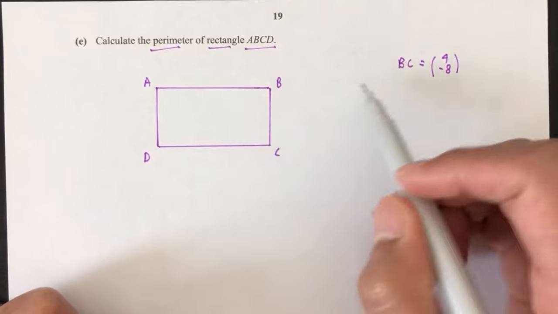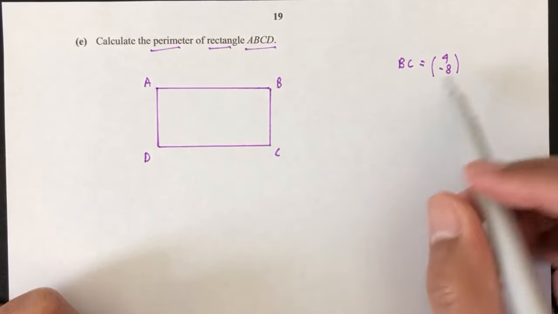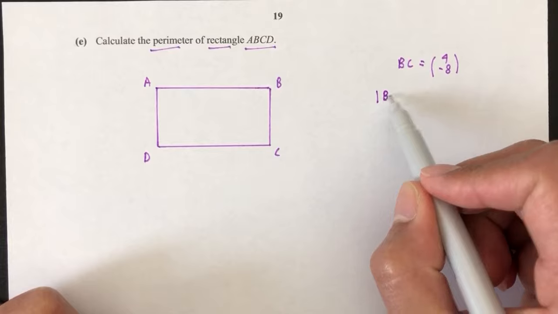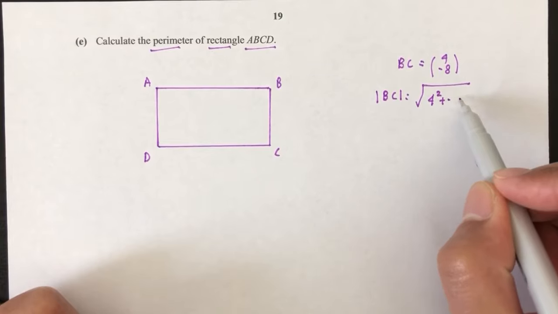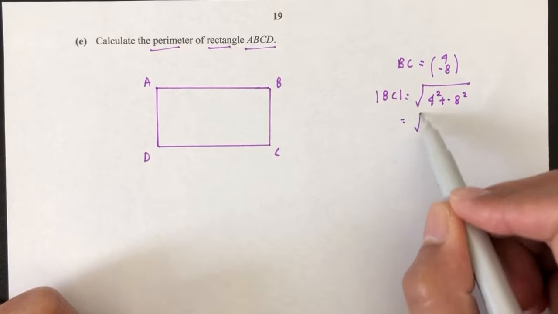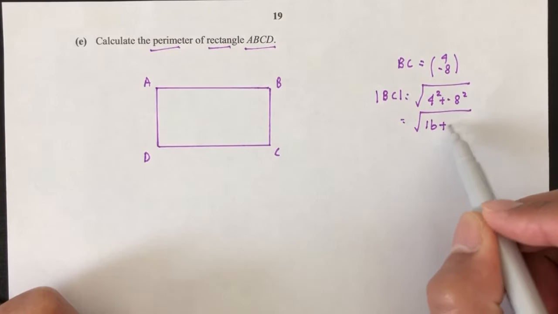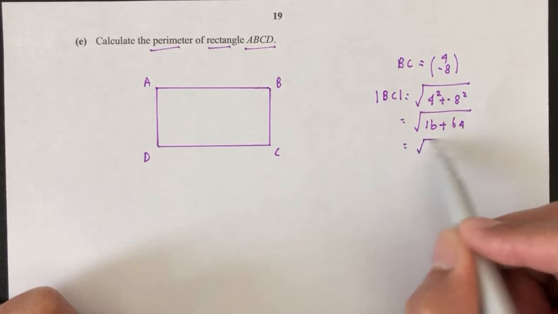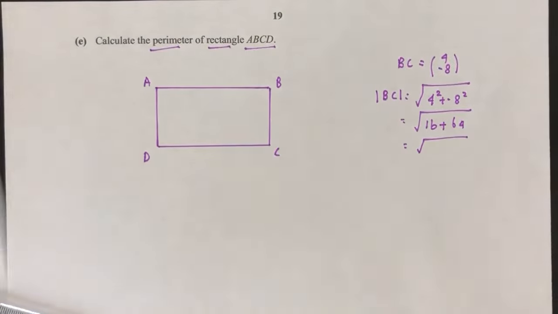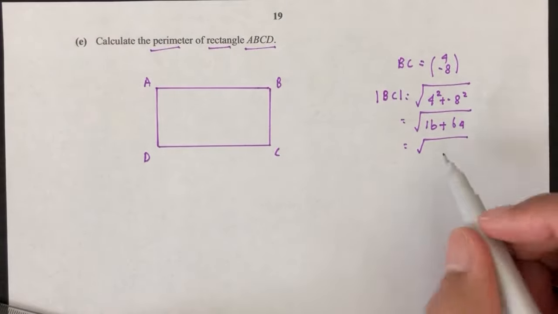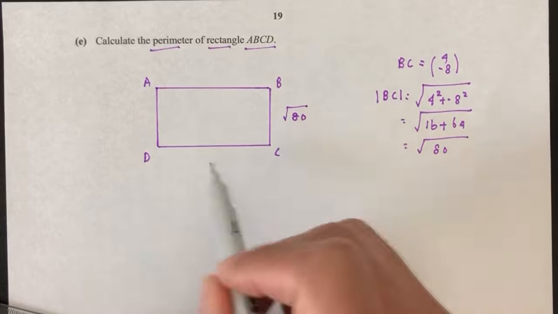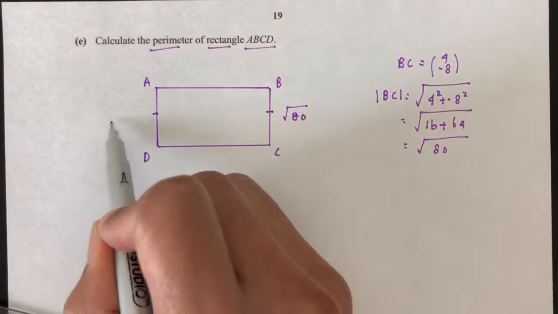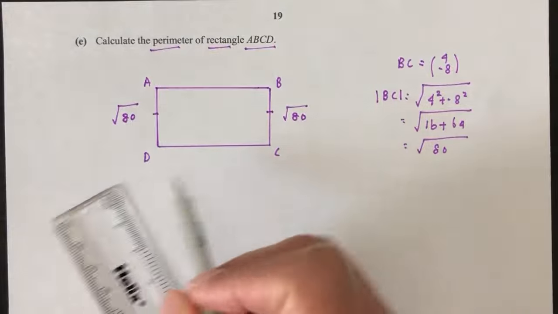So if this is BC, let's find the modulus of BC for the length. That will be square root of 4 squared plus -8 squared. That will be 16 plus 64, which will be 80, right? So BC is square root of 80, and these two are the same, so this also will be square root of 80. And how about this one?